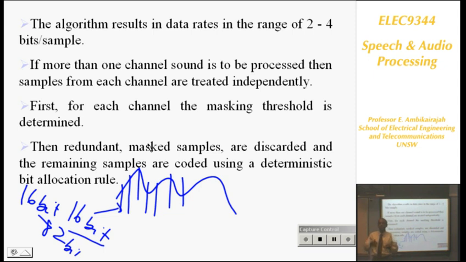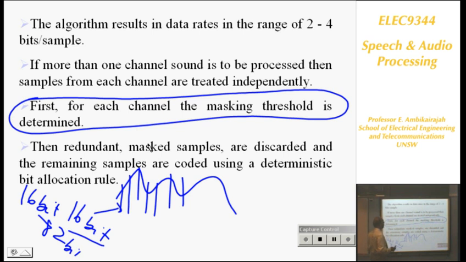That means some will be 0 bits, some will be 3 bits, some will be 8 bits. So on average, can we have 1 bit per sample? That's what we are after. At the moment, we can achieve 2 or slightly lower than 2. So we use masking as the major thing in order to do this compression.